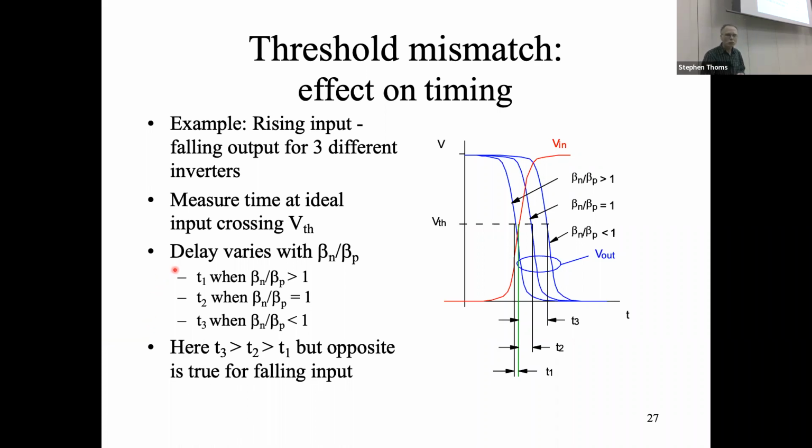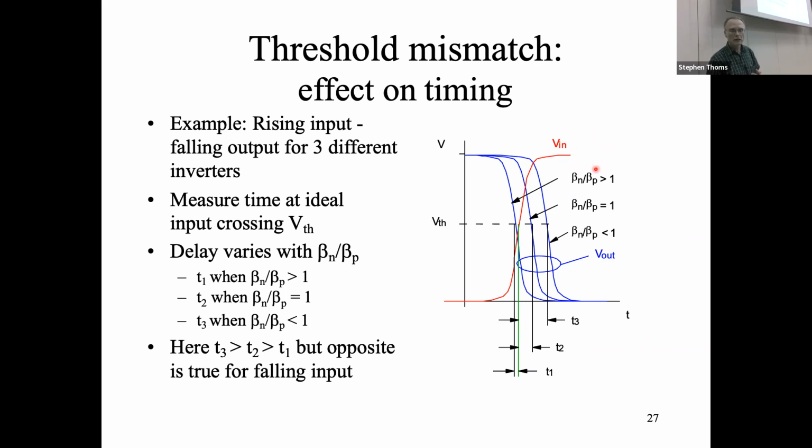So here we've got three different ratios of beta N and beta P. So what's happening is you've got a single rising input, this is Vn in red, and this signal is going to three different inverters, and each of those inverters has a different ratio of the widths, and therefore has a different ratio of the gains.